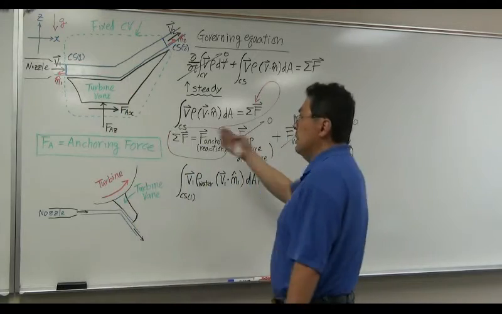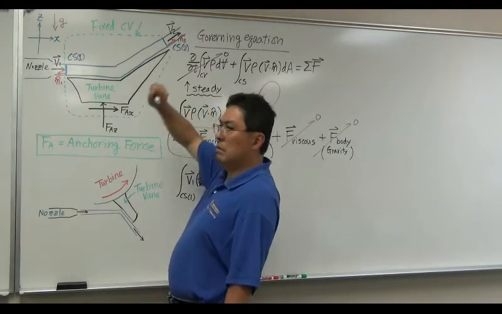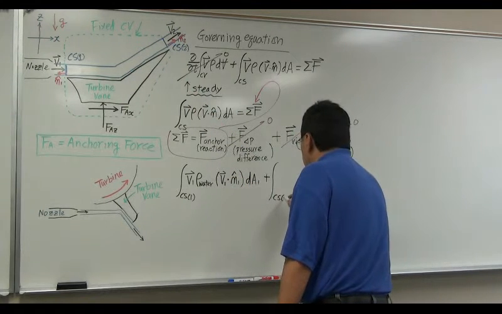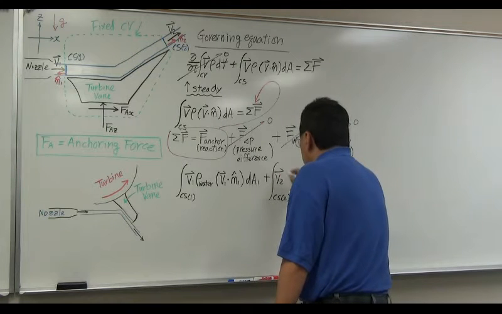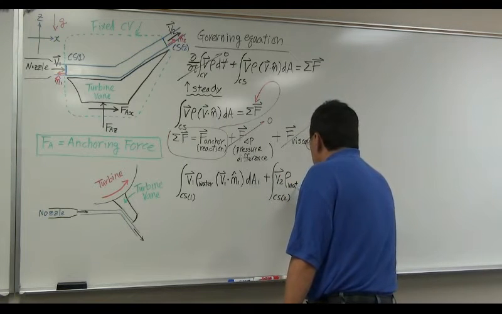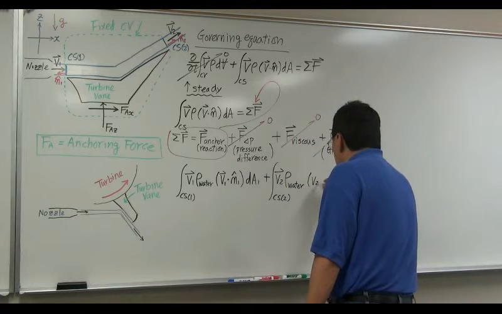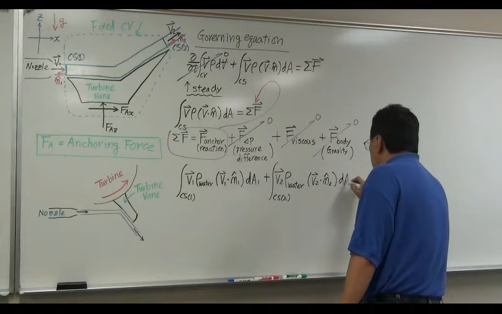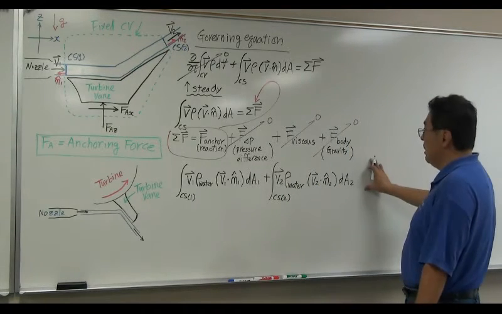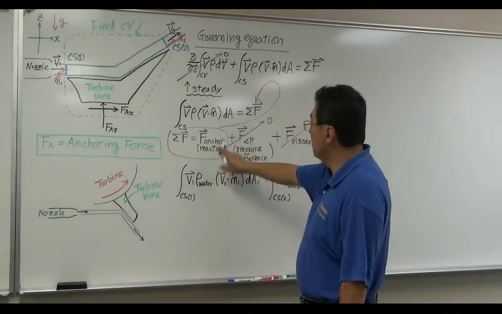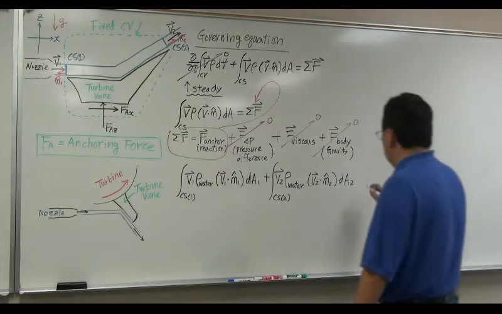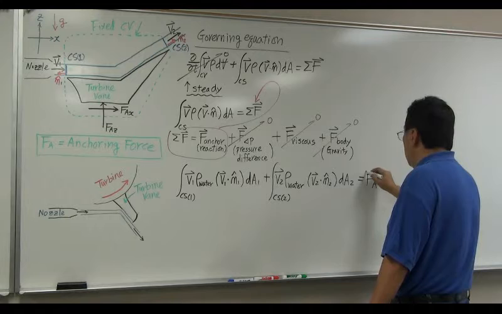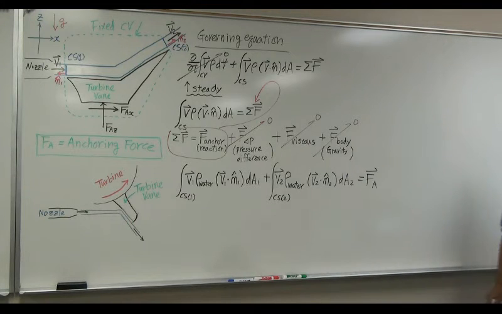Assuming this is a circular cross-section water jet, it's probably true. This is control surface 2: V2, rho water, V2 dot product N2 dA2. The right hand side is of course only the anchoring force, those two. So the right hand side is F anchoring force. Here we go.